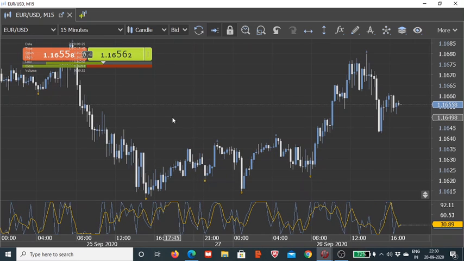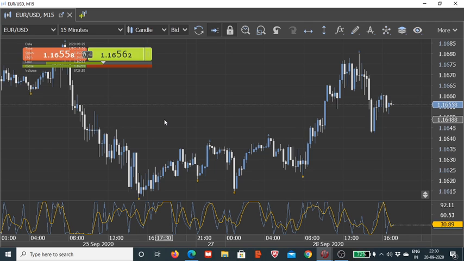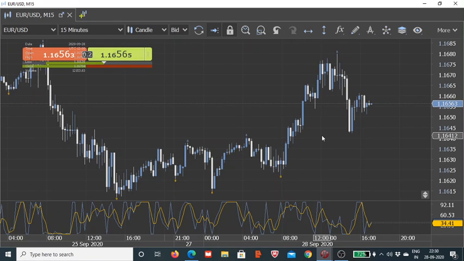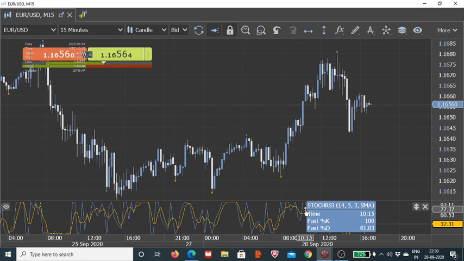But there is one caveat here: many times, when the momentum is strong, we can get caught on the wrong foot. We might keep anticipating that the momentum is going to shift, and the stochastic is also telling us the same. But in reality, that doesn't really happen.